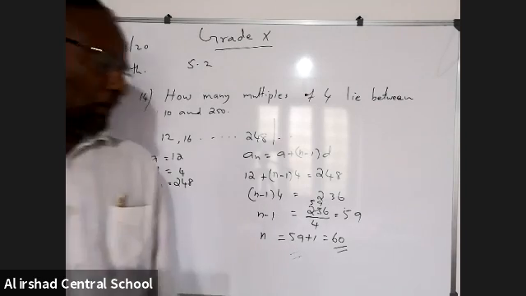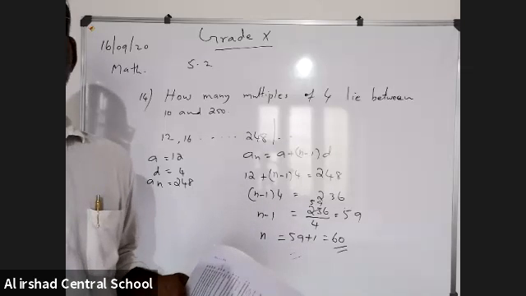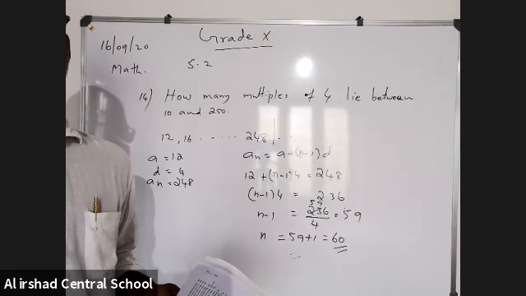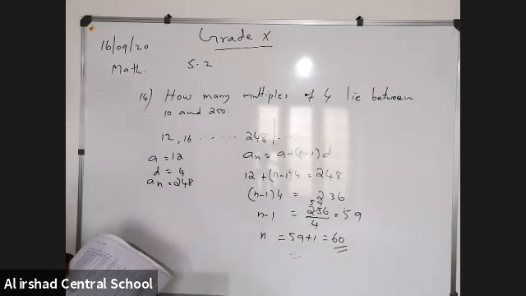Now we are talking about question 16, 15. What about 15? Any doubt? Both are equal. Question number 15. Did you do it? No, sir, we didn't. Okay, do that.